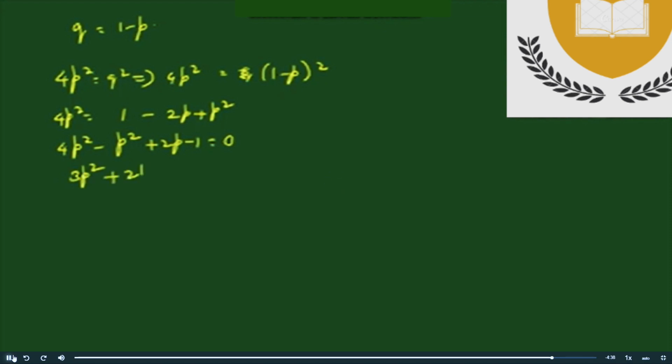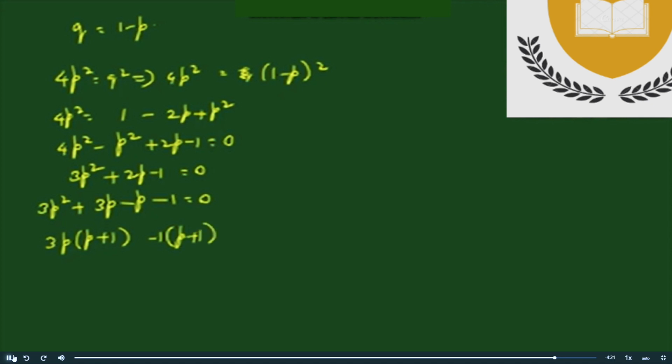Splitting the middle term: 3p square plus 3p minus p minus 1 equals 0. 3p into (p plus 1) minus 1 into (p plus 1) equals 0.